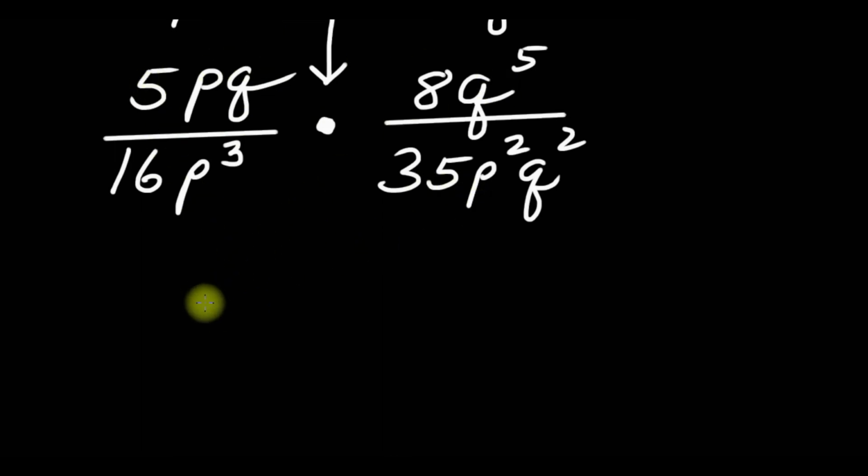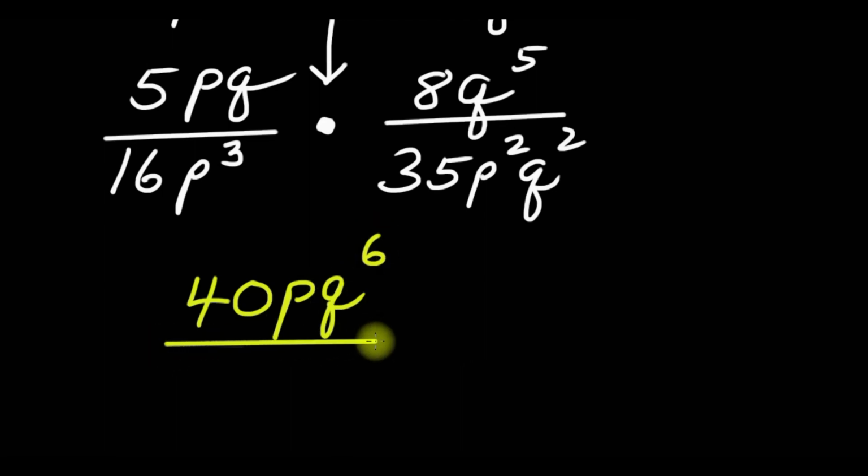So when we multiply across, we get 5 times 8, that's 40 p q to the 6. And then your denominator, 16 times 35 is 560. And then your p to the fifth, and then q squared.